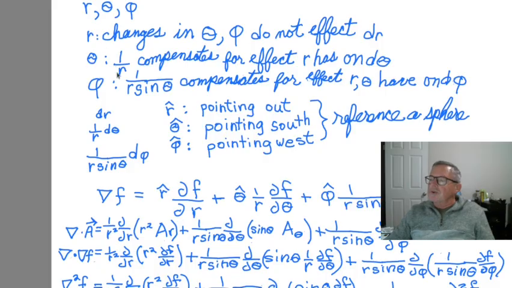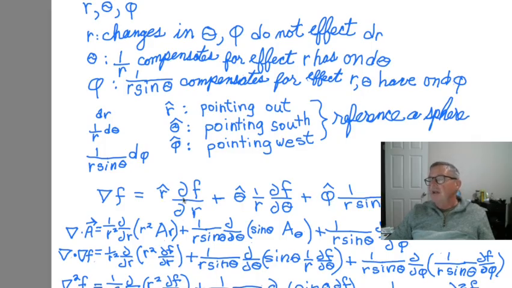A little bit of review, so I'm going to go through the gradient of f. Again, I'm going through this rather quickly. The gradient of a function yields a vector, and the vector has 3 component unit vectors that determine the resultant.